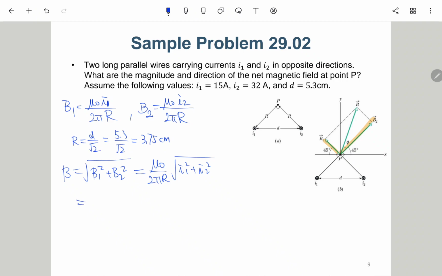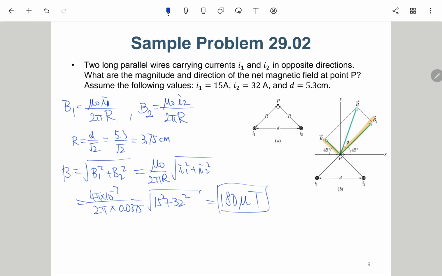Okay, so it is nothing but 4 pi times 10 to the negative 7 over 2 pi times 0.0375, times the square root of 15 squared plus 32 squared. So the answer will be 180 micro Tesla. Okay, so this is the magnitude of the B field.